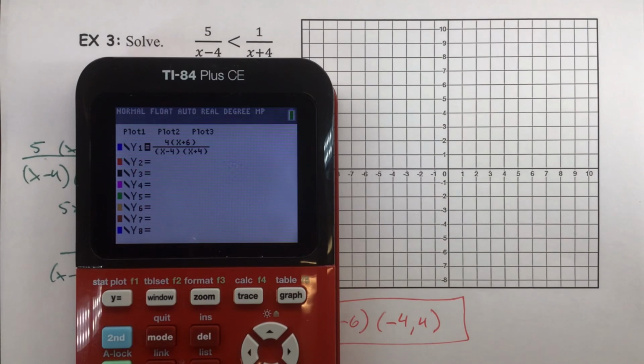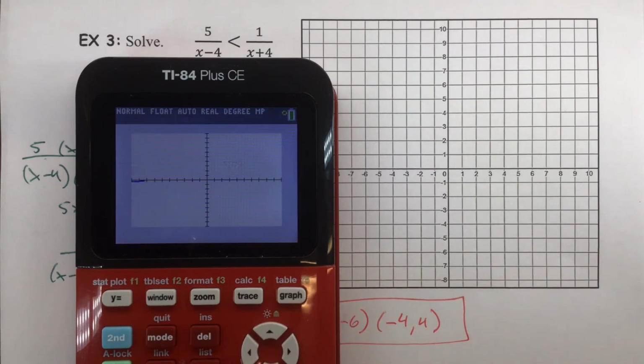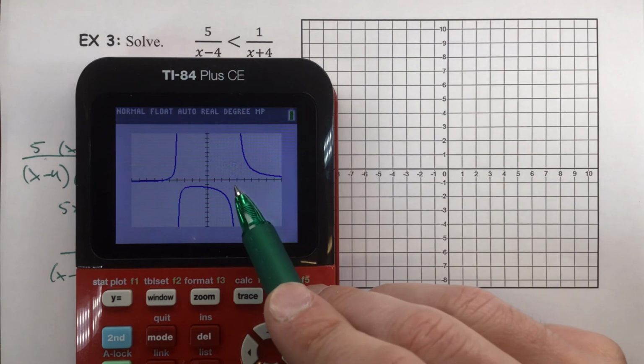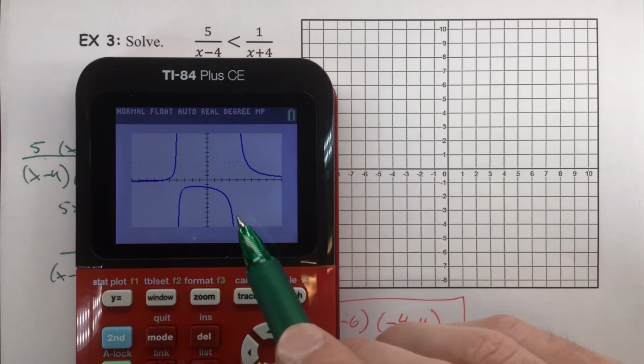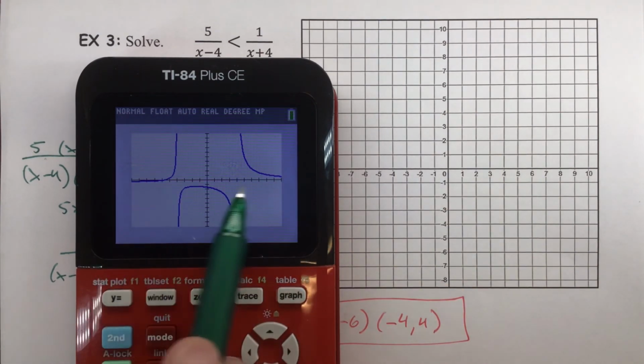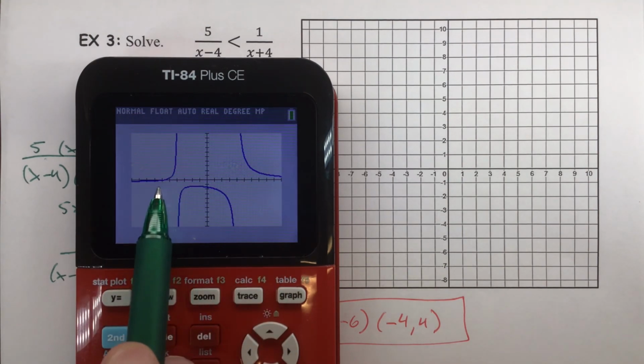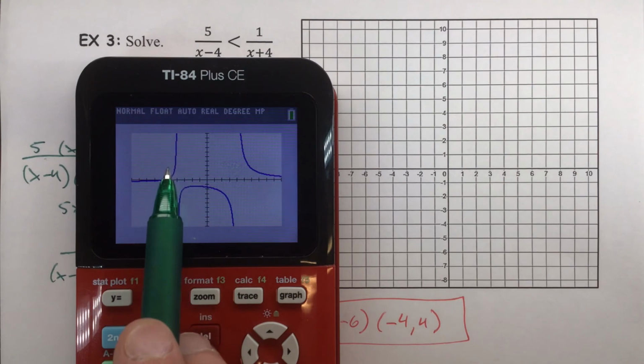All right, so with that typed in, we're going to go ahead and graph it. We're going to get a couple of asymptotes. There we are. We got an asymptote at -4. We've got an asymptote at +4. And even though the x-axis, you can see here is a horizontal asymptote, we do cross at -6. Okay, so it's going to cross through it.